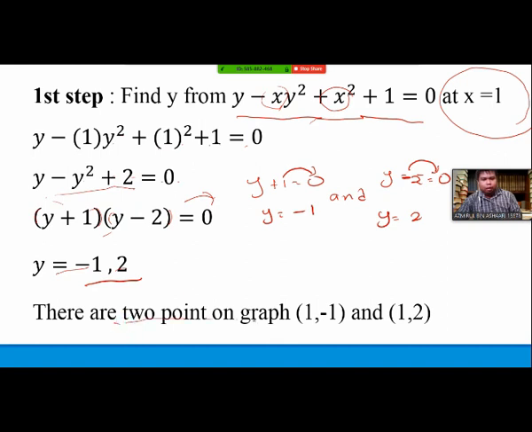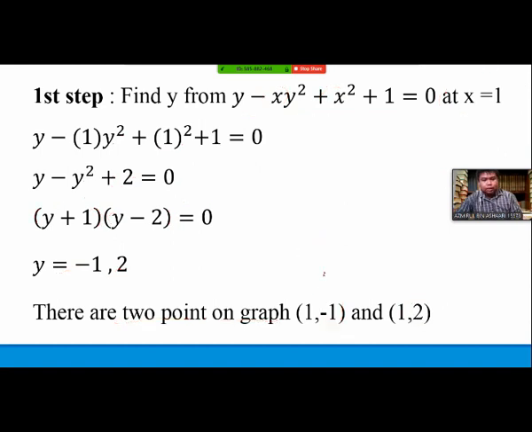There are 2 points on the graph, which is when x sama dengan 1, bila x equal to 1, you get that y becomes negative 1 and also y becomes 2. So you will get 2 points, which is x, y for the point 1, negative 1, and also 1, 2.